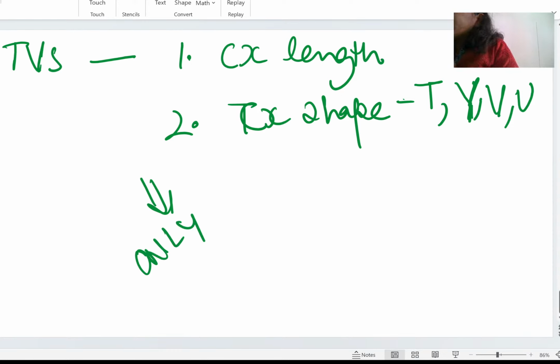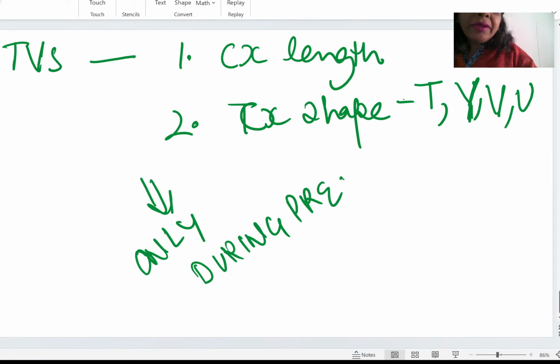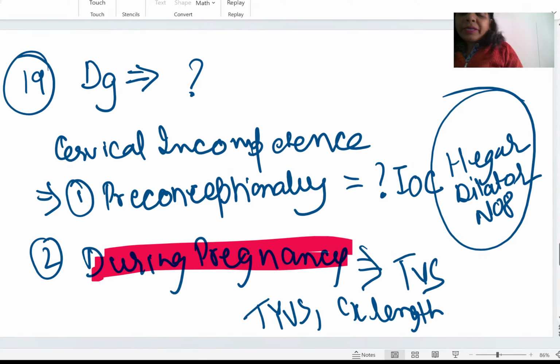Cervix length will not get short unless the lady is pregnant. So whenever they ask you the test of cervical incompetence, see whether they are asking preconceptionally or during pregnancy. Is it clear?